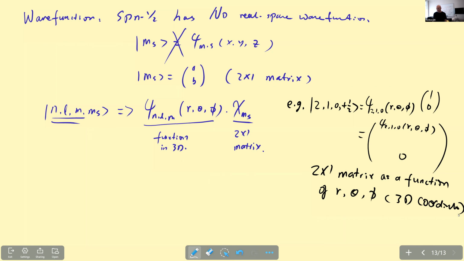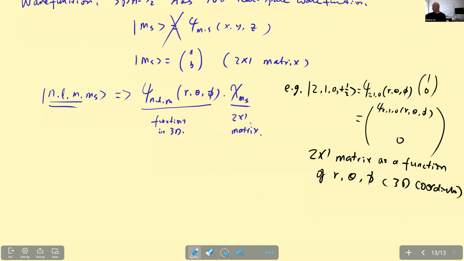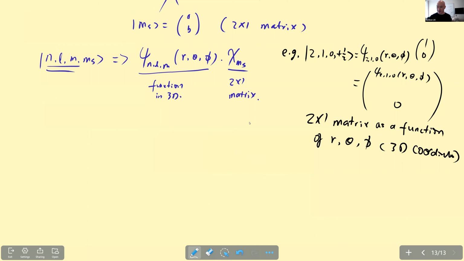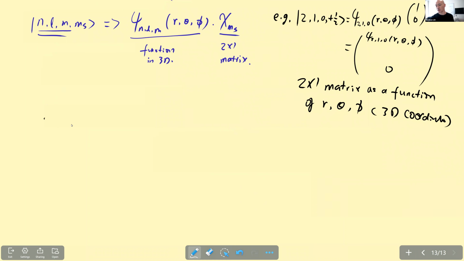Okay. You can also have other examples. Let me write another example. You can have a superposition. For example, you can have the state 2, 1, 1, minus 1/2, plus 2, 1, 0, plus 1/2.